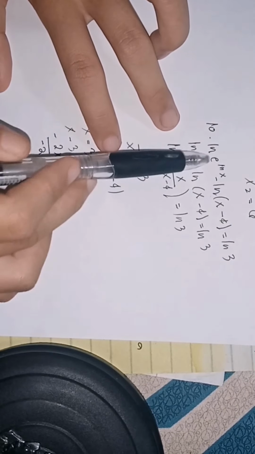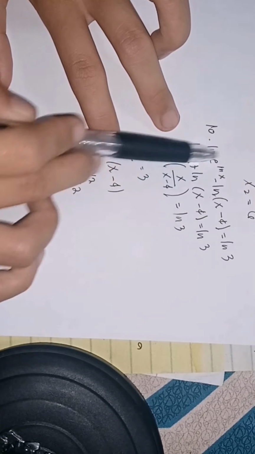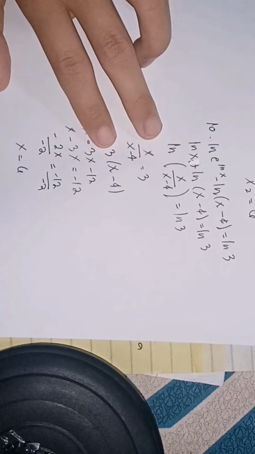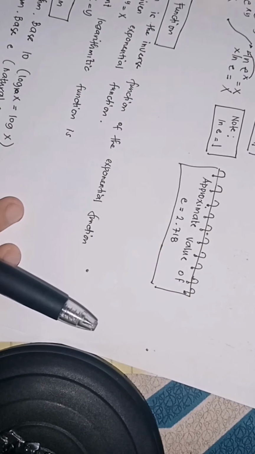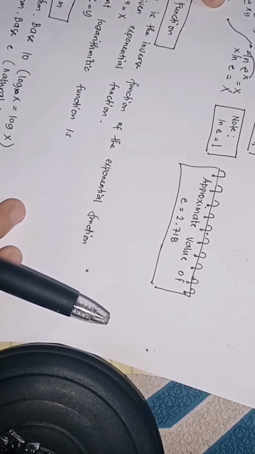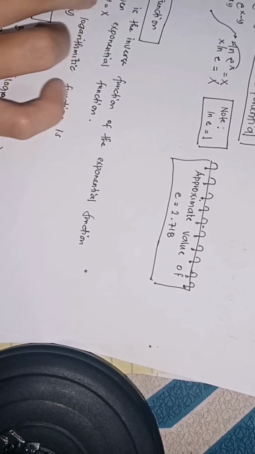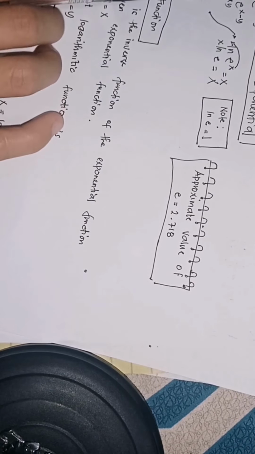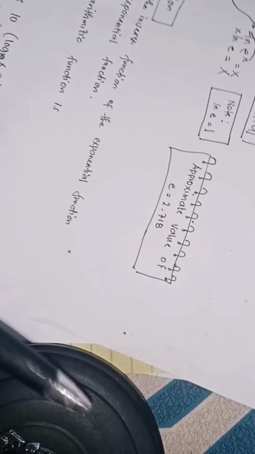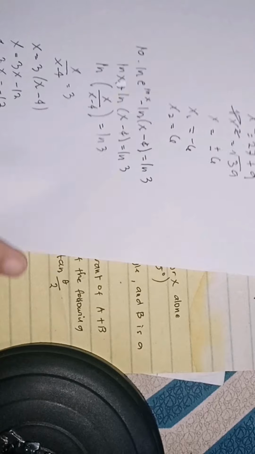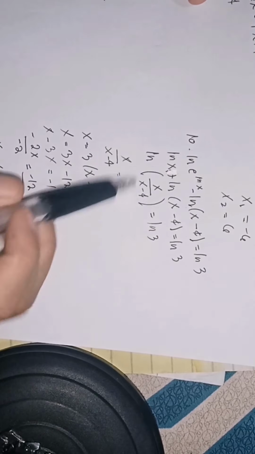So, this equation, the e will be replaced, because according to the properties of the natural exponential, ln e^x is equal to x. This one, it is x already, guys.